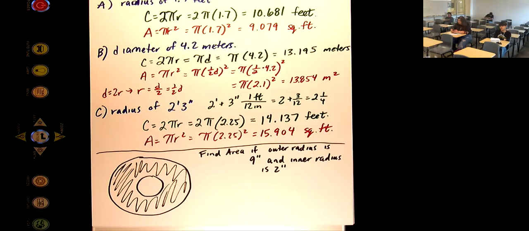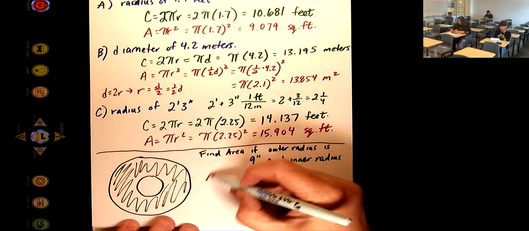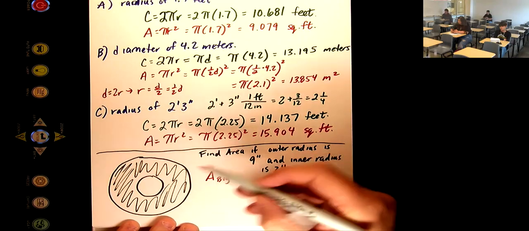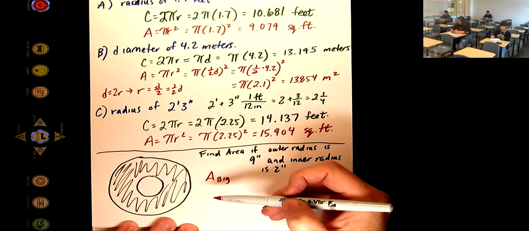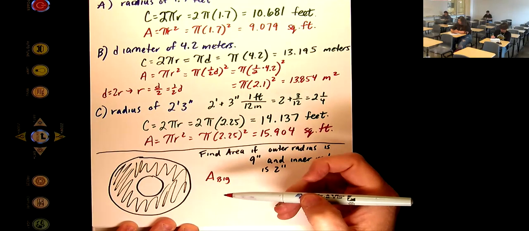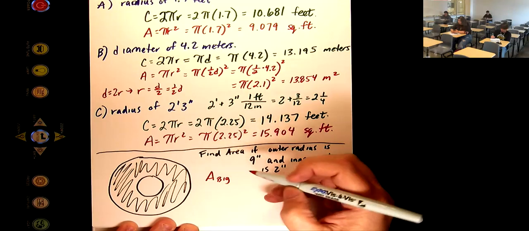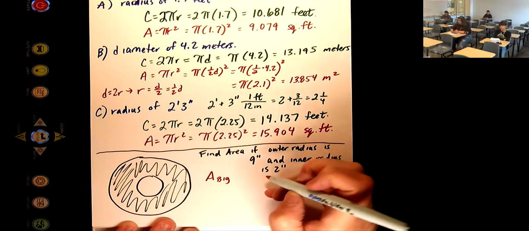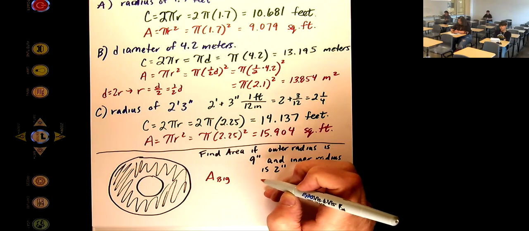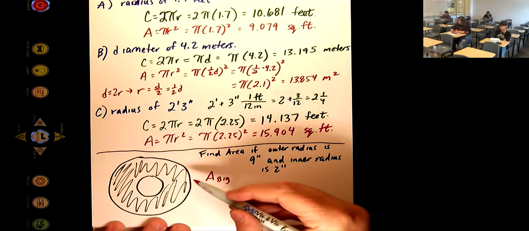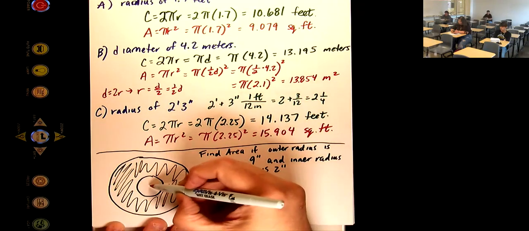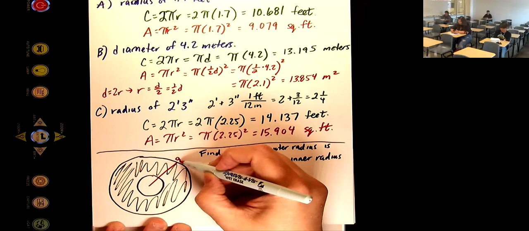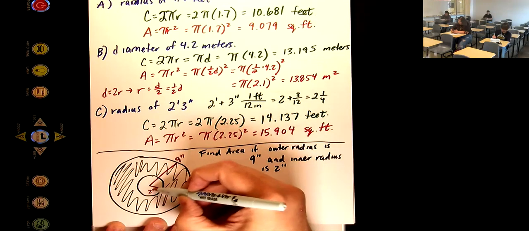Well. I can find the area of the big circle. But that's giving me the whole thing, right? I don't want the whole thing. What do I want to do? Maybe add both of them, and the two. If I add both of them, it'll make a bigger circle. I don't want a bigger circle. So what this is saying is that's 9 inches, and that's 2 inches.